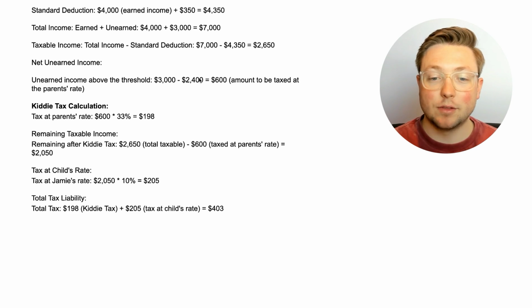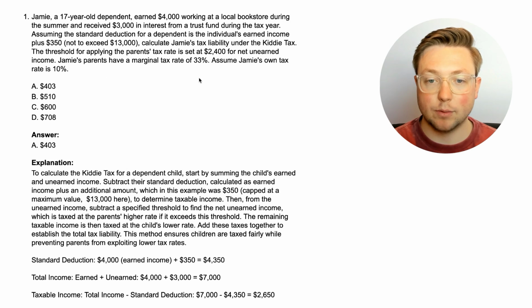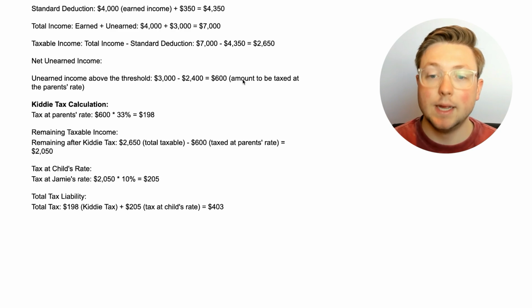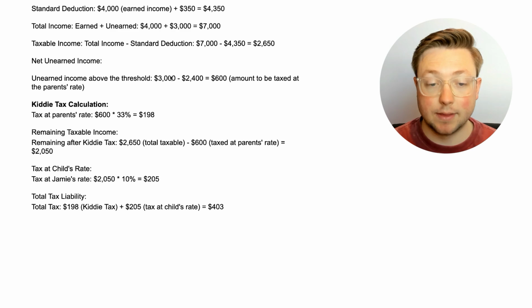But you take the current year threshold, this $2,400, and you subtract that from the unearned income, and that gives you the amount of income that will be taxed at the parent's rate. And that is the Kiddie tax right there. The Kiddie tax is whatever was taxed at the parent's rate, and that gives you $198.